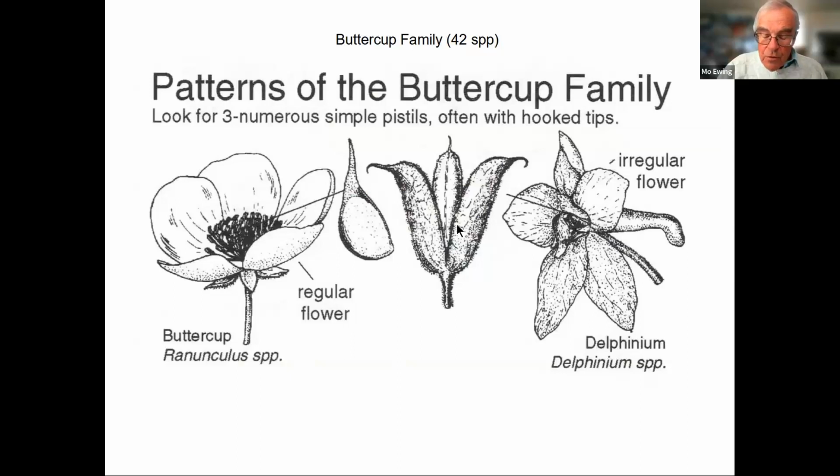In other families you usually have 1 pistil, but here there are 3. All parts of the flower, the petals, the sepals, the stamens, and the pistils are separate. They're not united in one another. They're not fused. And the tips of the pistils are hooked.